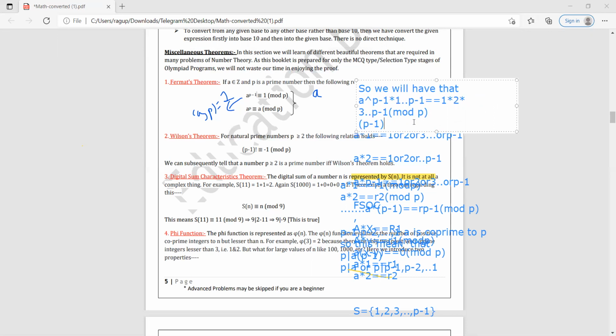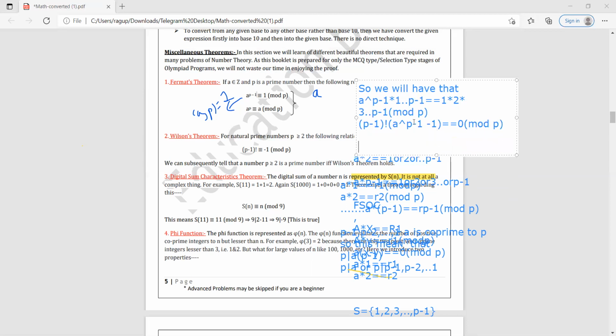So we'll have p minus 1 factorial into a raised to p minus 1 minus 1 is divisible by p, that is, 0 mod p.